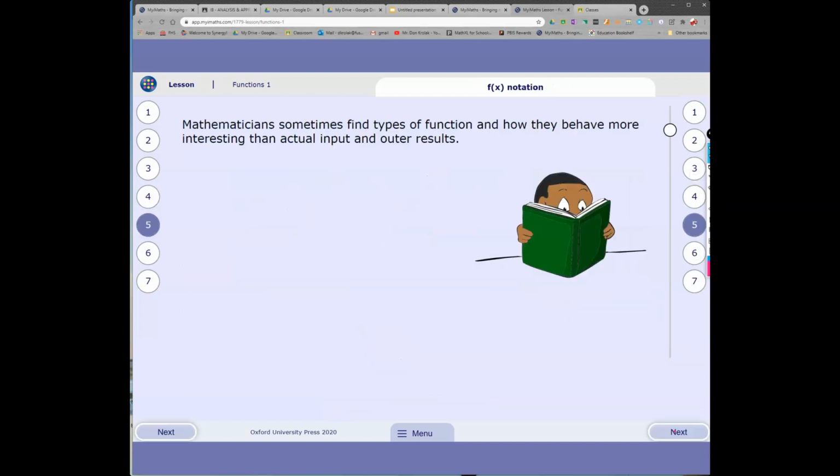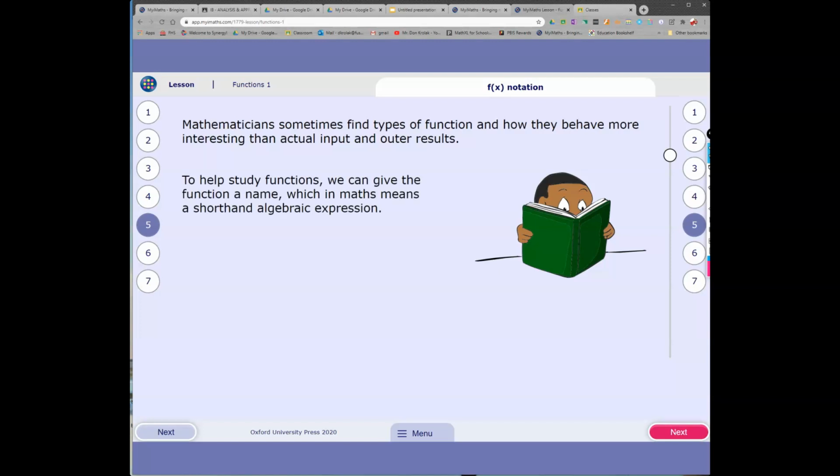All right, mathematicians sometimes find types of functions and how they behave more interesting than the actual input and output values. To study functions, we give the function a name, which in maths, now this website is from Europe. So you'll hear, instead of using the word math, it'll always use the word maths.